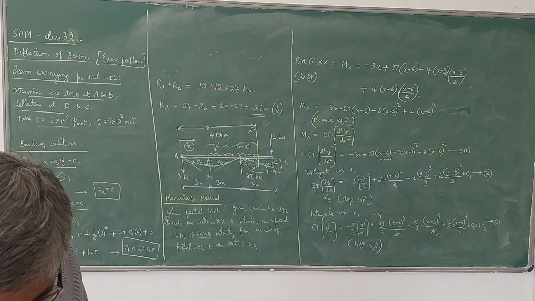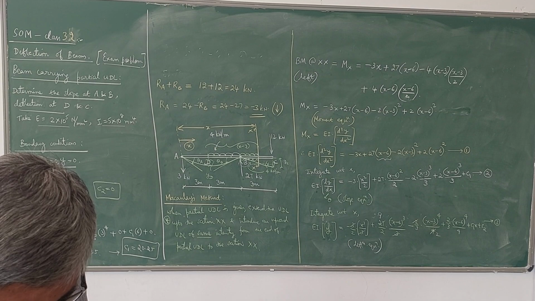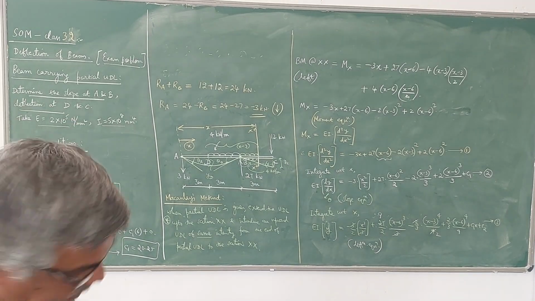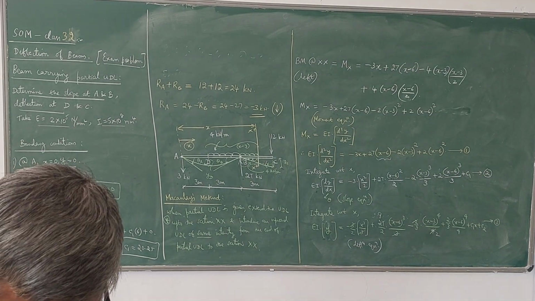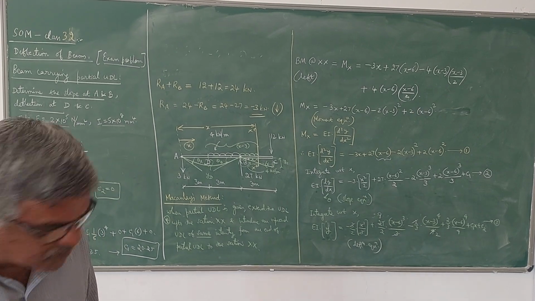So C1 is equal to 20.25 and C2 is 0. So these two constants of integration values we got now.